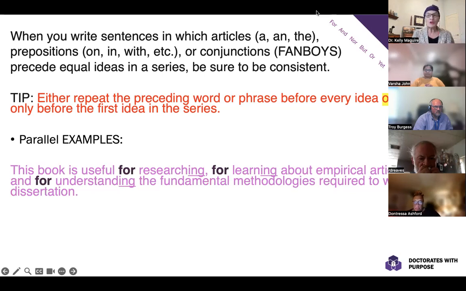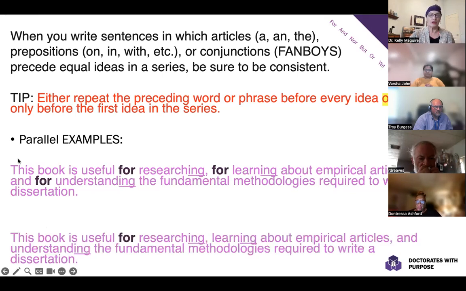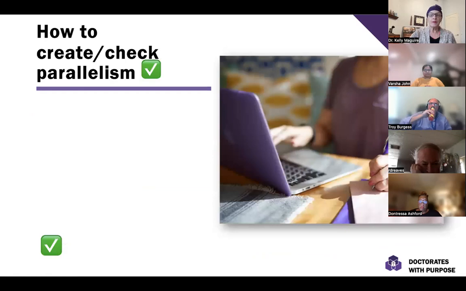But we could also just use it once, and it would look like this. This book is useful for researching, learning about empirical articles, and understanding the fundamental methodologies required to write a dissertation. Both of these are correct, and they're grammatically structured correctly. Just two different ways to do it.